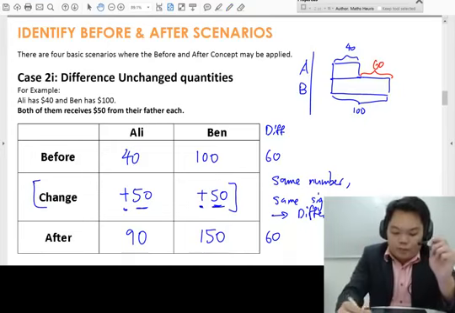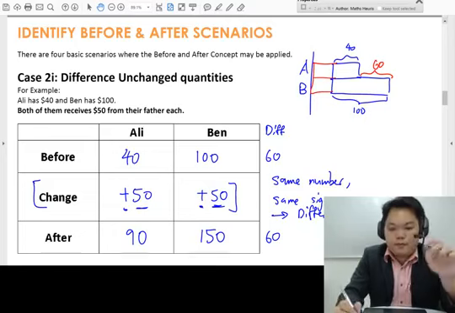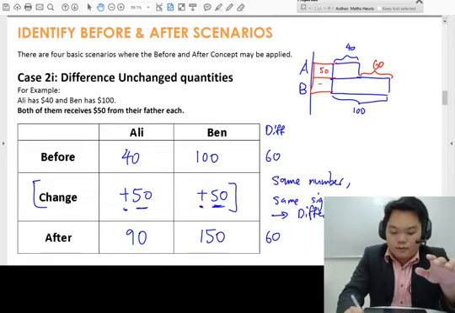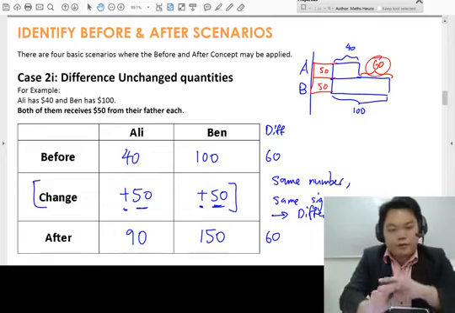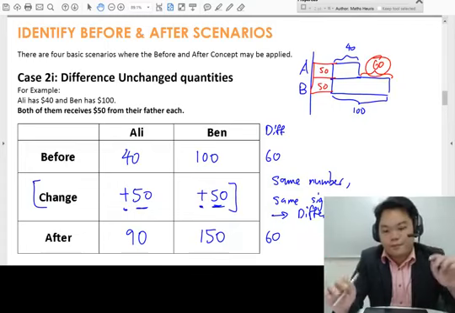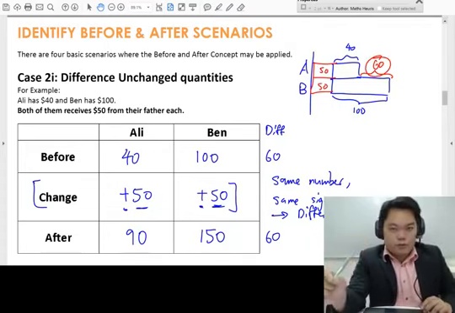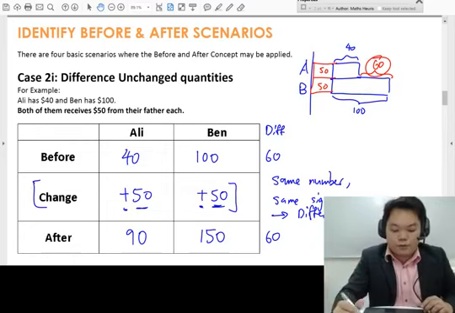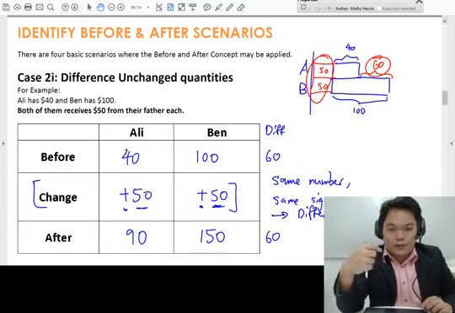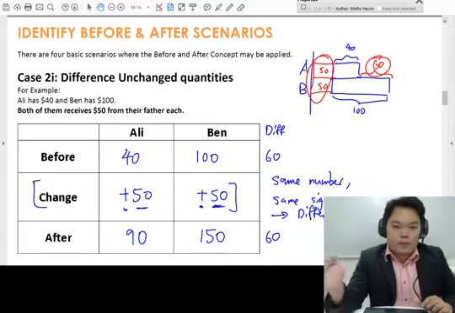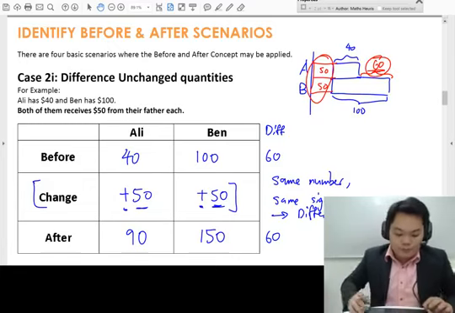When you add the same number to them, you can see that this 60 doesn't change at all. So as a rule, if you want to use models or you are forced to use models, when you have the same number being removed or being added in, put them on the left side together so that it is easier to see this. So that's the first part.